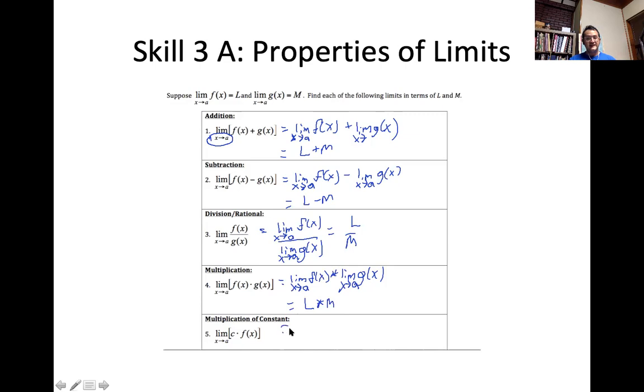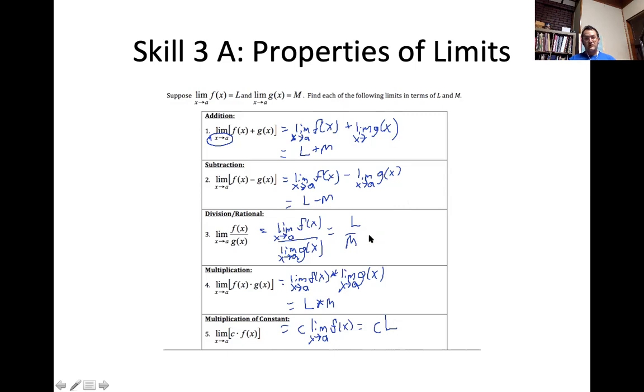A constant, you can always move the constant in front of the limit. And this would just be C times L. So you can get that constant in front before you worry about finding the limits. There is one caveat here.